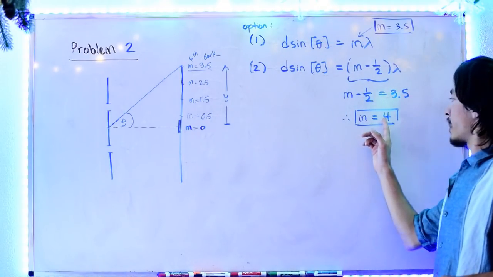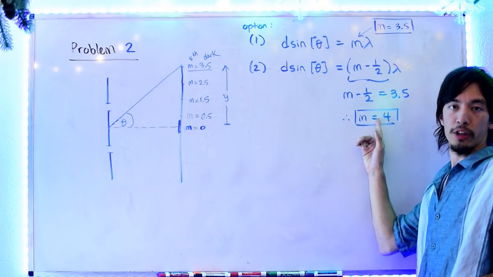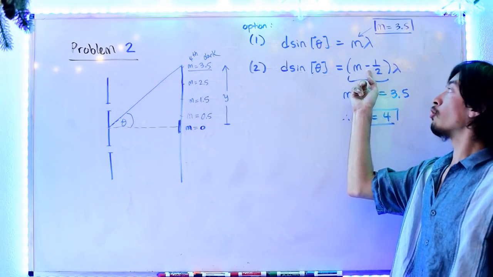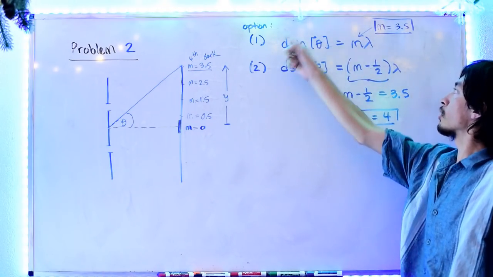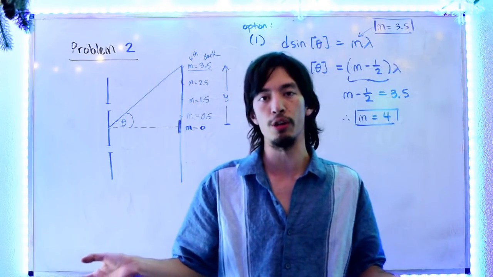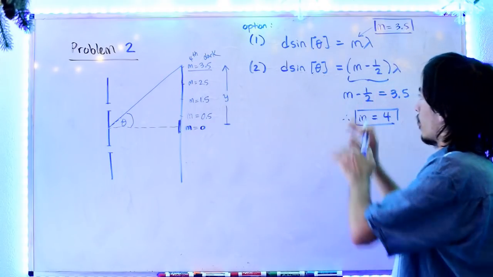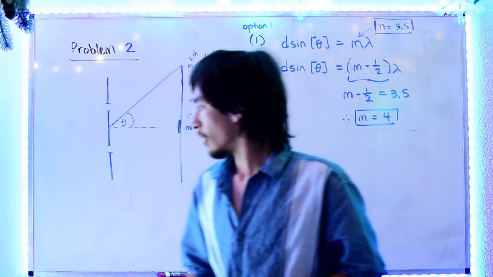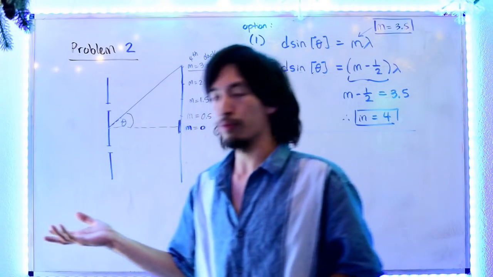Whether it means taking m equal to 4 for the fourth dark spot and subtracting a half to get 3.5, or taking the simpler equation and just dropping 3.5 in it to begin with. It doesn't really matter how you do it. Now, regardless of which route you take, we need to solve for what distance from the center we need.